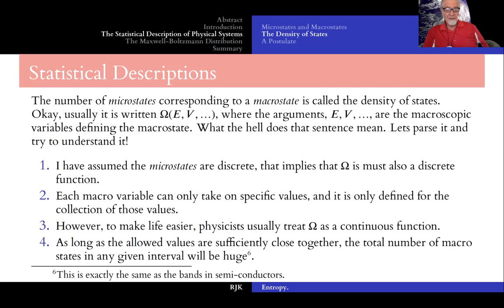Every macro variable can only take on specific values, and omega is defined for the collection of those microscopic values.